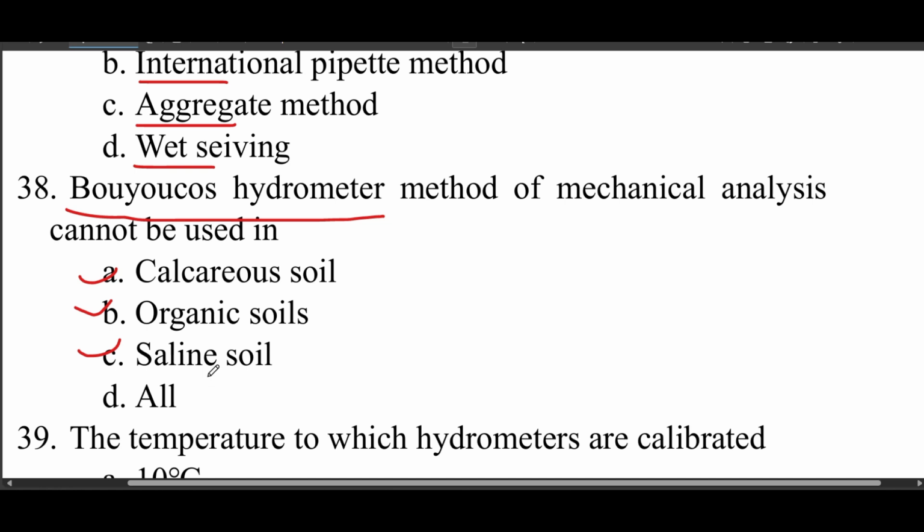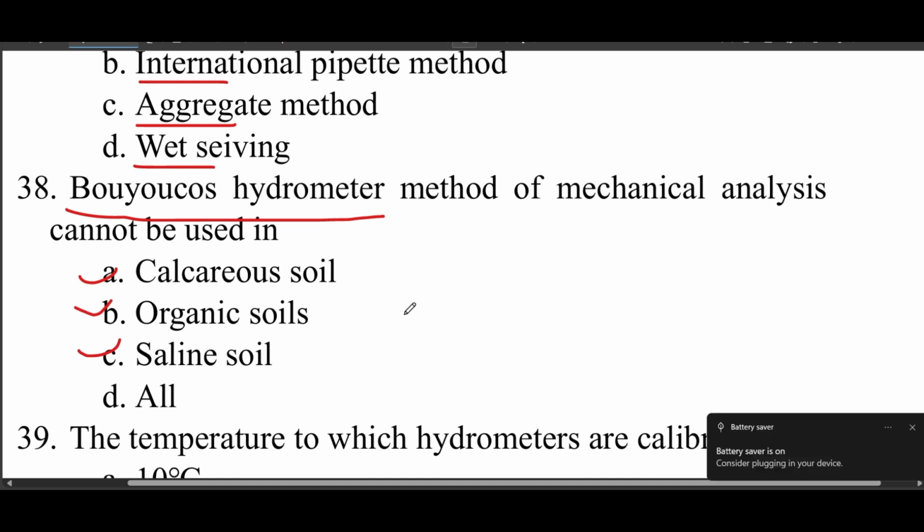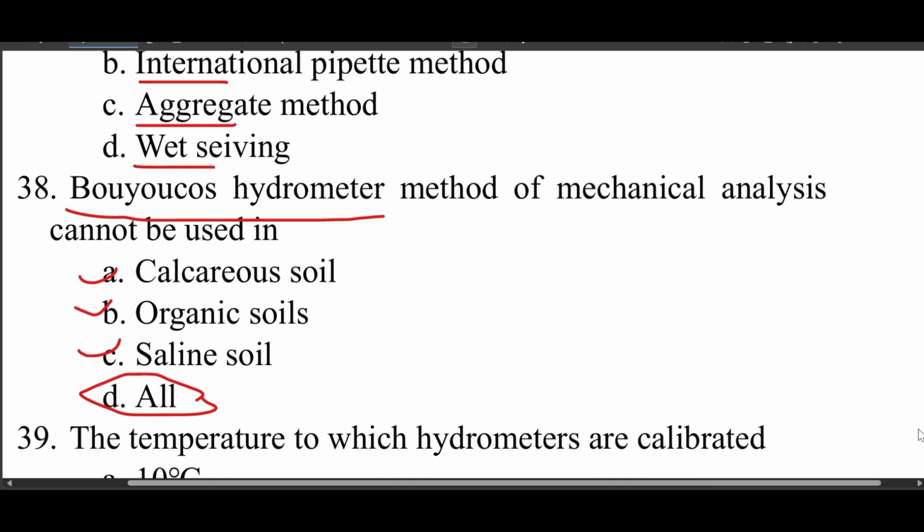So these particles will affect the analysis. It will be very difficult when we use calcareous soil, organic soil or saline soil as a sample. Okay, so option D, all, is correct. So what we have to study is that Boyko's hydrometer method is not applicable to calcareous soil, organic soil and saline soil.